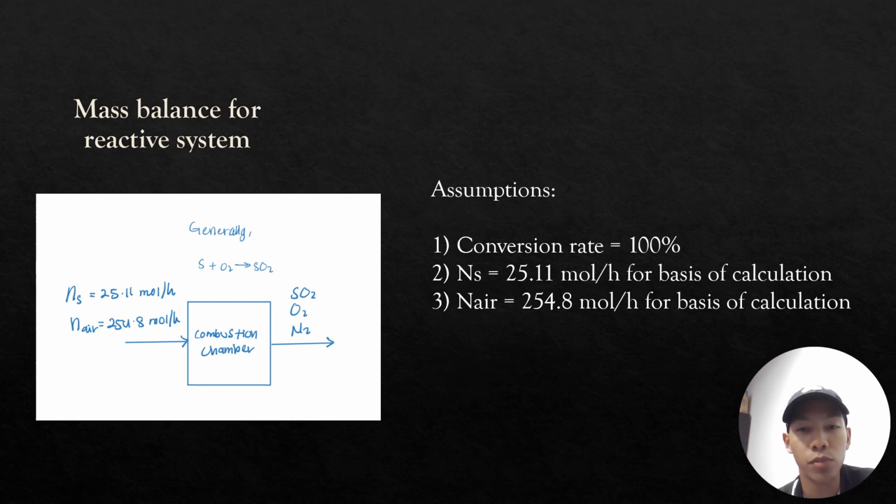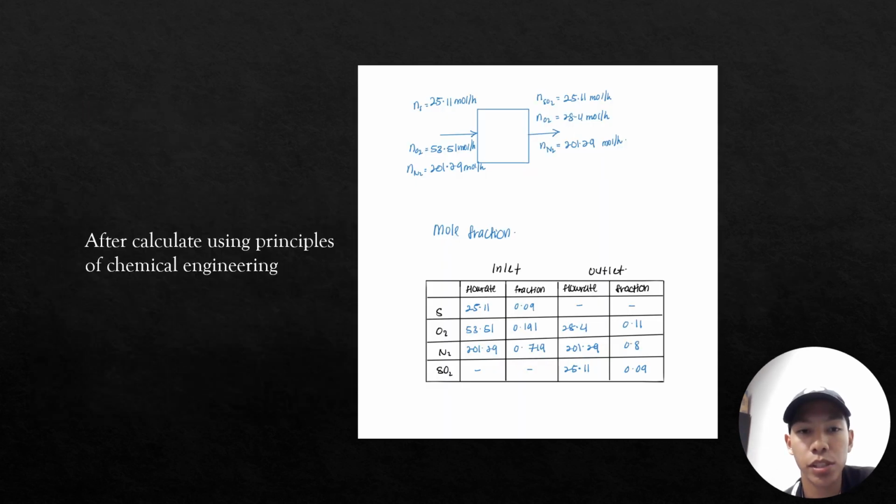We assume that the conversion rate is 100% and use the data from the lab session as our assumption also. After we carry out the mass balance, we get the molar flow rates of the sulfur, oxygen, nitrogen and sulfur dioxide produced. We use the molar flow rates to calculate the mole fraction of the components from inlet and outlet.